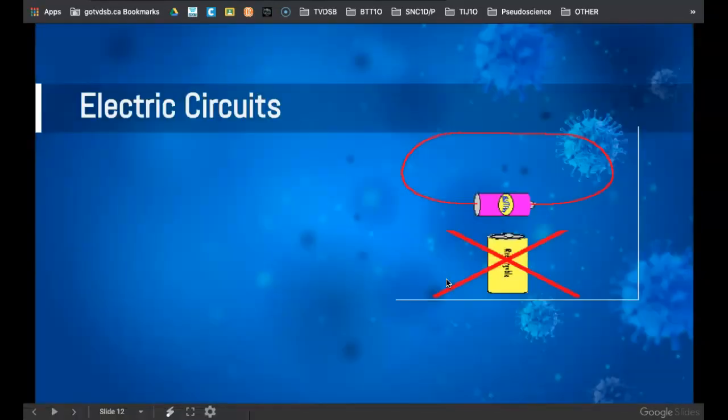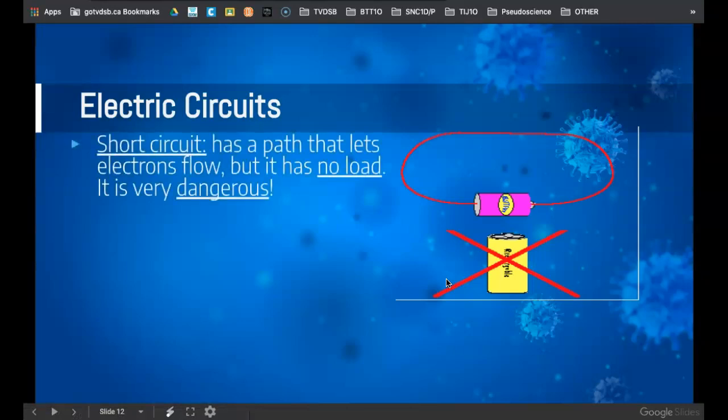All right. We can also have what is called a short circuit. Now, in a short circuit, I've actually shown you what happens to this a couple of times. We have an energy source, and we have wires to allow the flow of electrons, but there is no load, right?